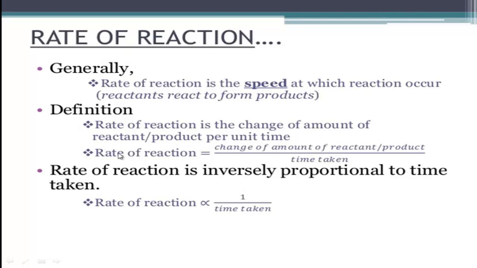Now in unknown reactions, or in any reactions, we can calculate the rate of reaction through calculation. But in the case of some reactions, if we observe carefully, then we can easily say whose rate of reaction is more or less. For example, follow this picture.